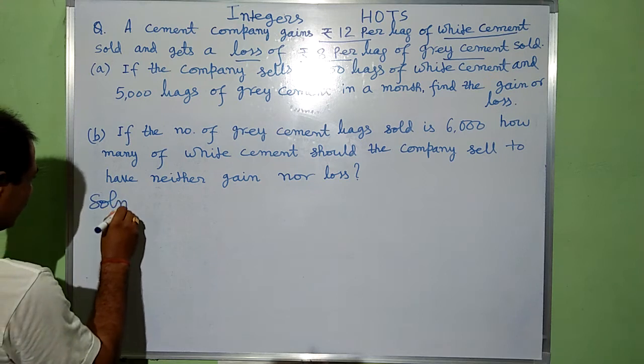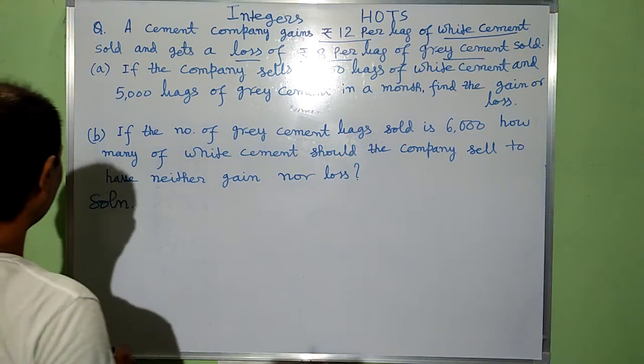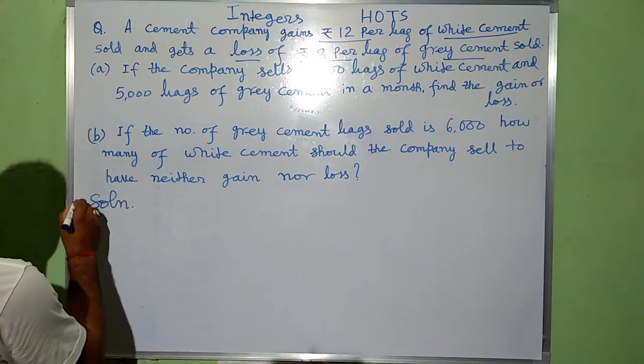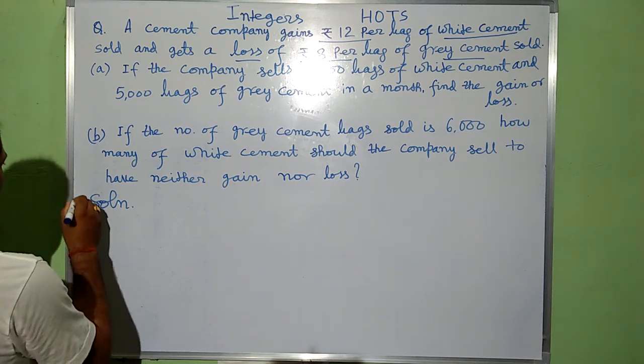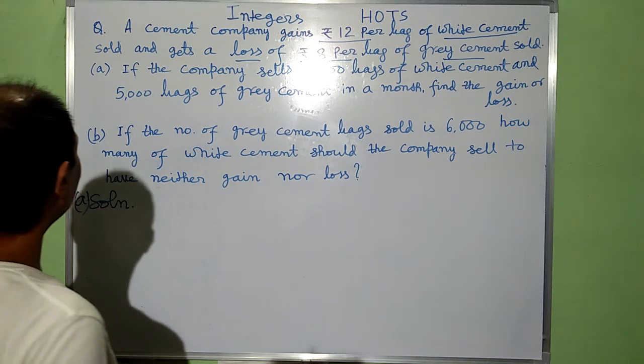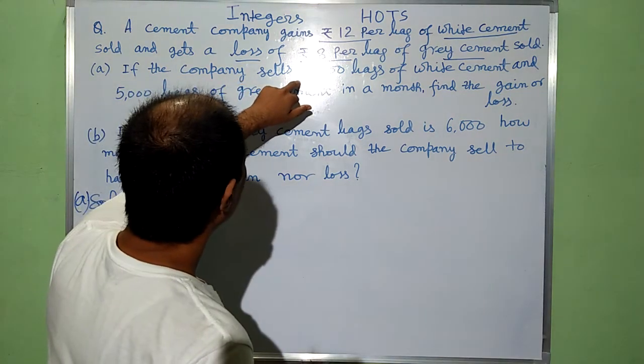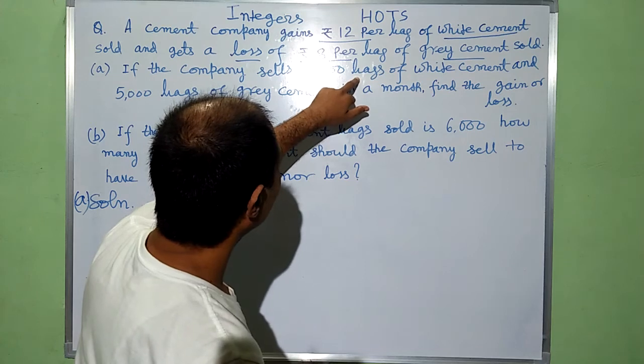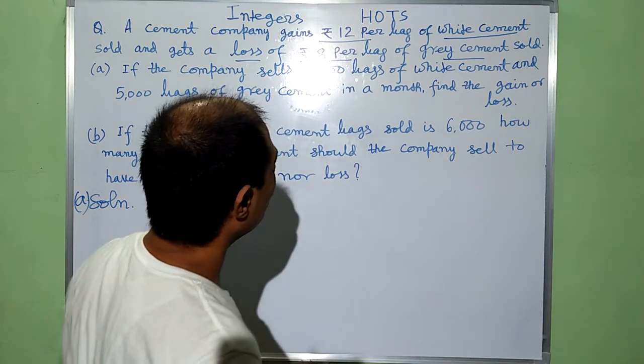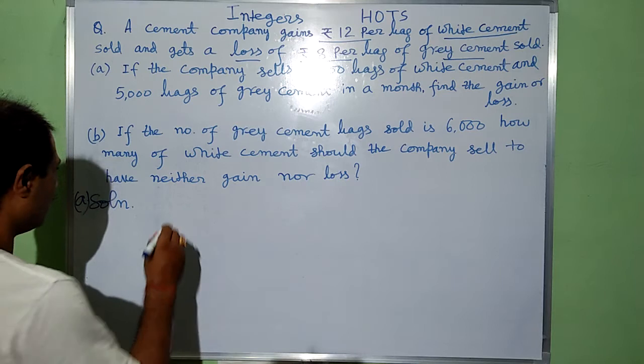Solution of A. Its solution will be like this. If the company sells 3,500 bags of white cement, firstly try to understand profit.